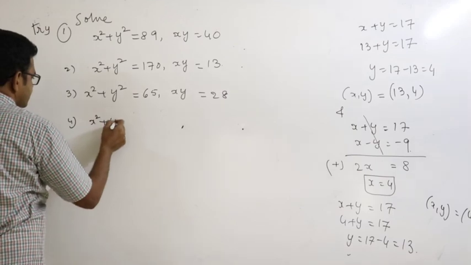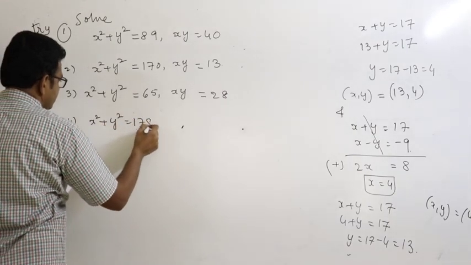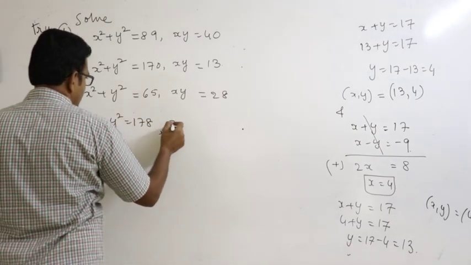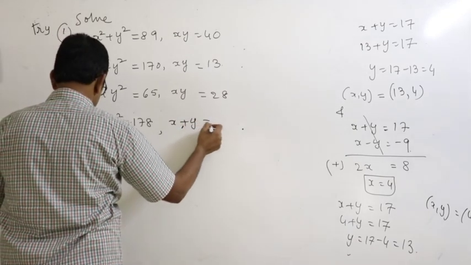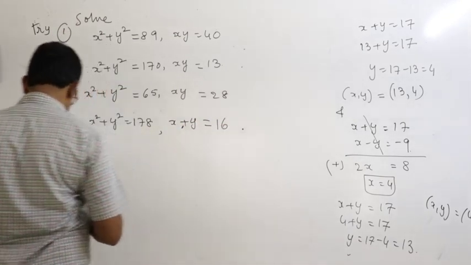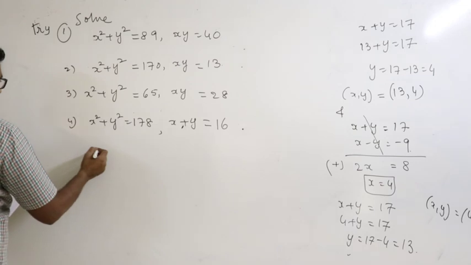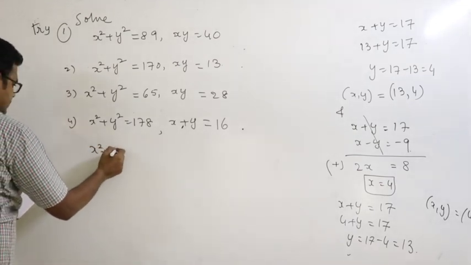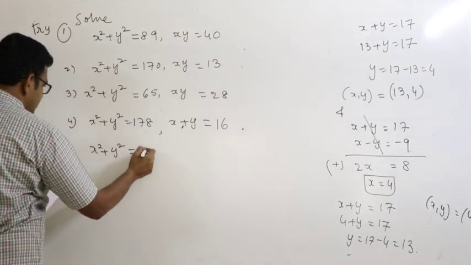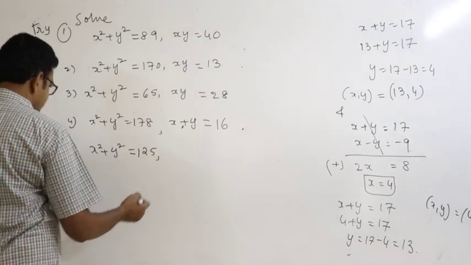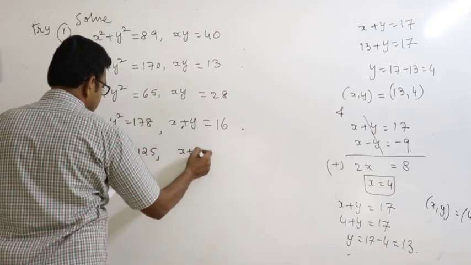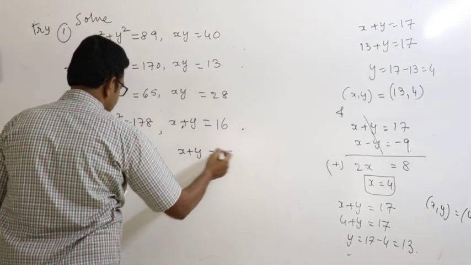And x square plus y square is equal to 178 and x plus y is equal to 16. x square plus y square is equal to 125 and x plus y is equal to 15.